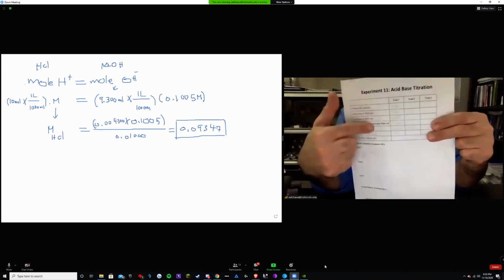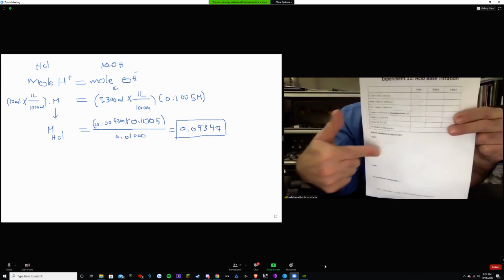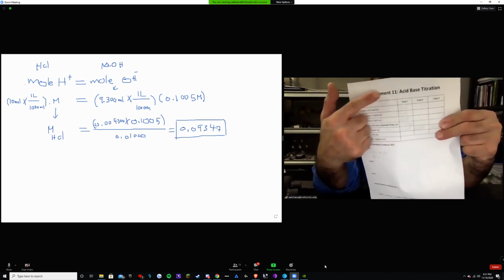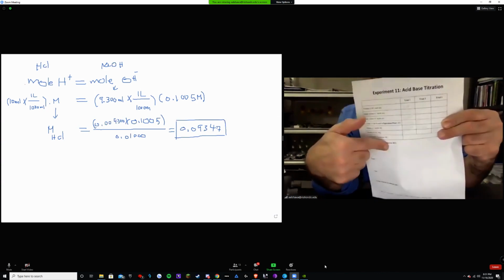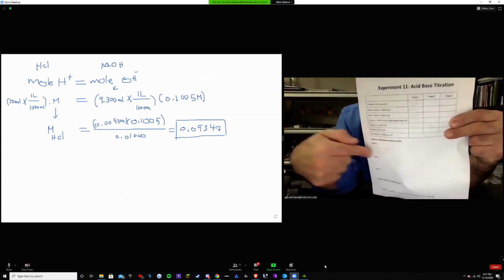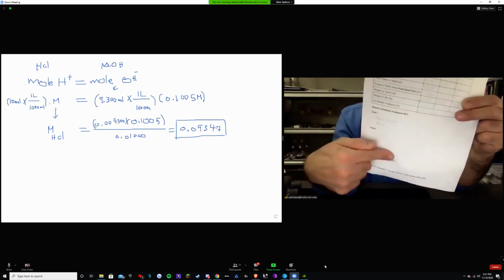So those numbers, the way we attempt to figure out the unknown molarity of the acid based on those first column trial 1 inputs, use the second trial input and mimic exactly what we did to figure out the molarity of the unknown for the second trial, and do the same for the third trial.